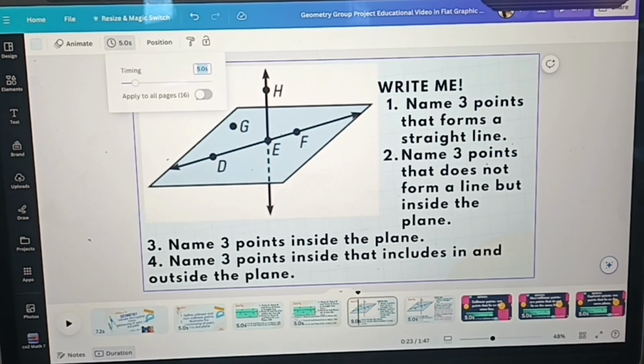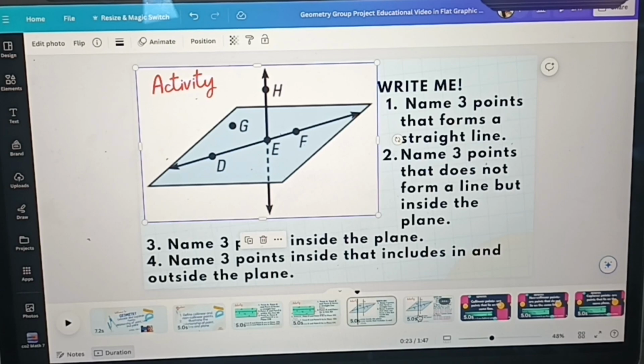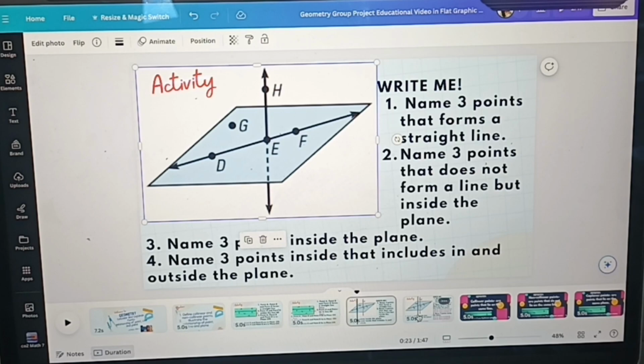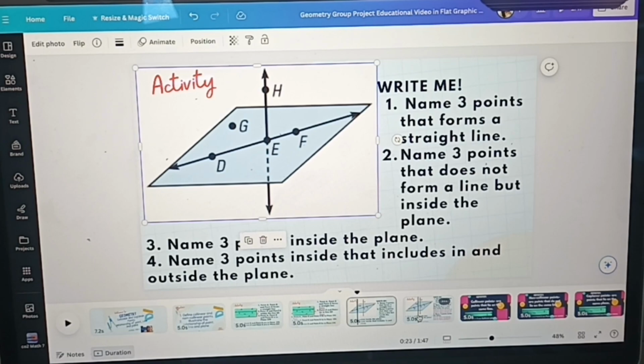I have here a plane together with points and a line. All you have to do is write your answers in your notebook. You're going to use the illustration given in order to answer the following items in your activity. Number 1, name 3 points that form a straight line.